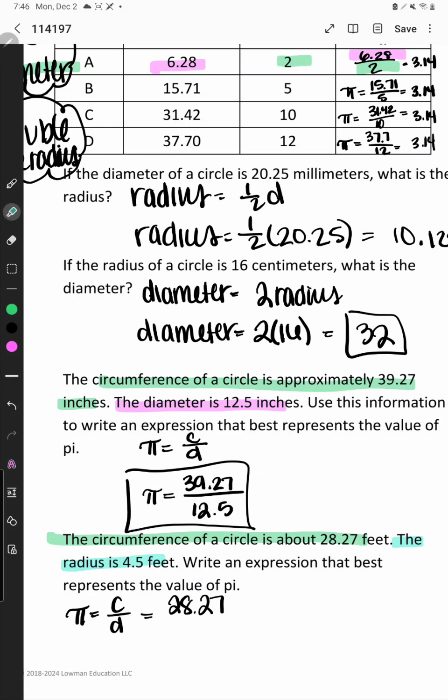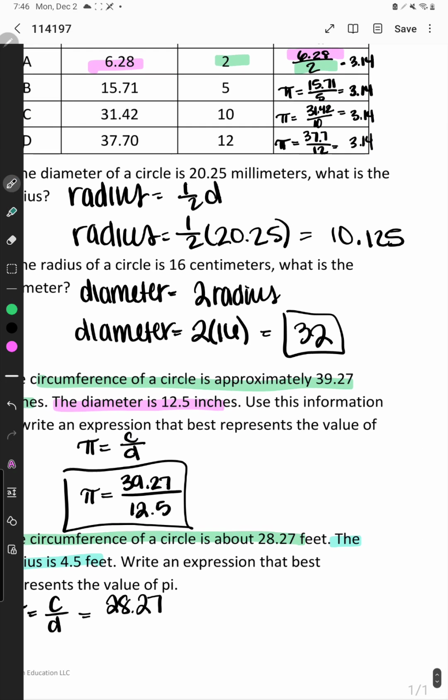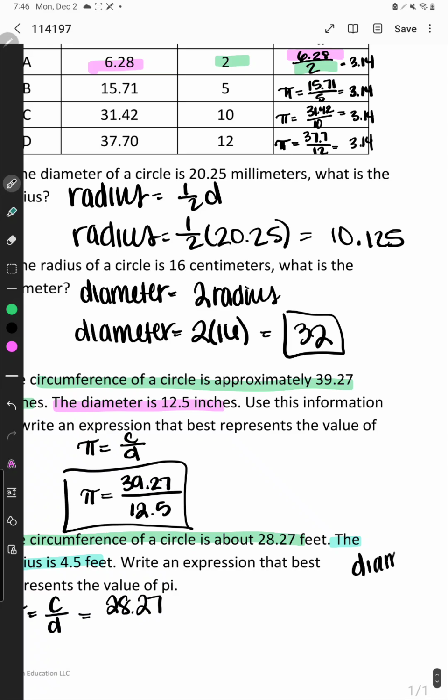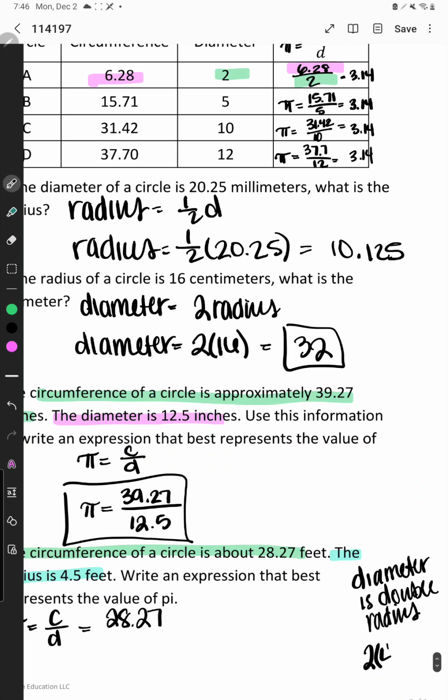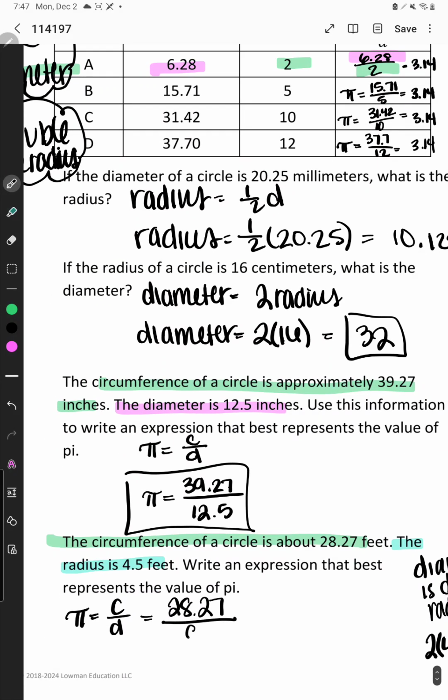It says the radius is 4.5 feet. So I need to go from radius to diameter. And remember that the diameter is double the radius. So I would do 2 times 4.5. And that would give me my diameter of 9. So then I would have 28.27 divided by 9.